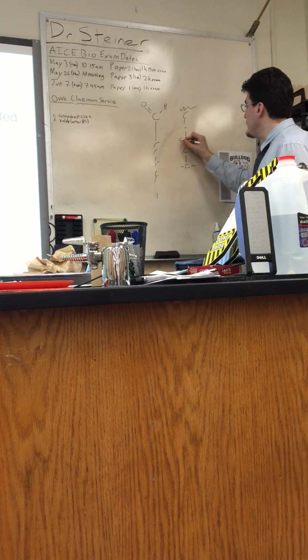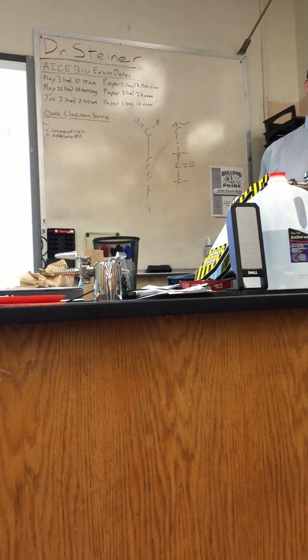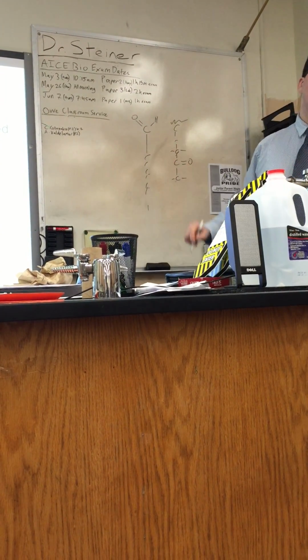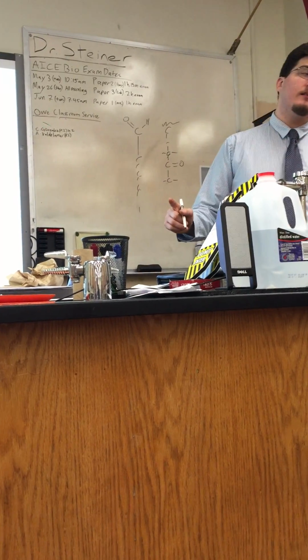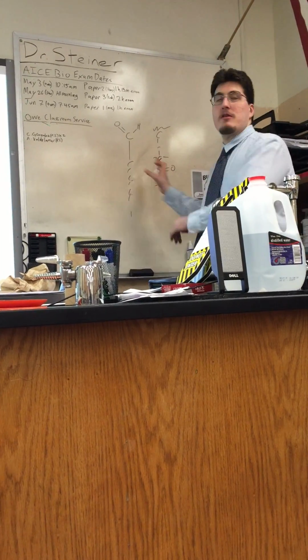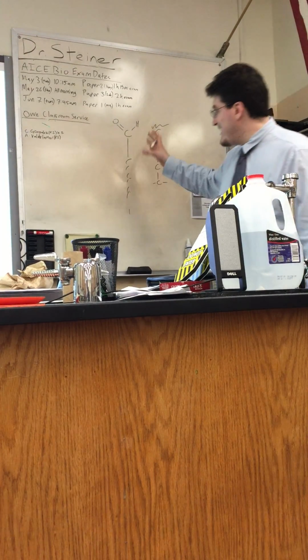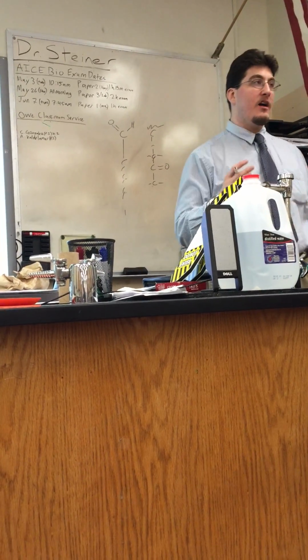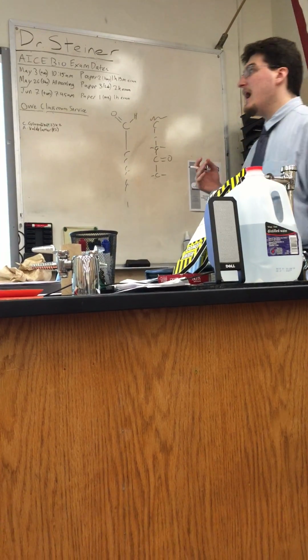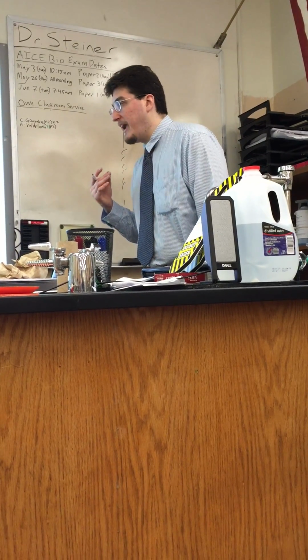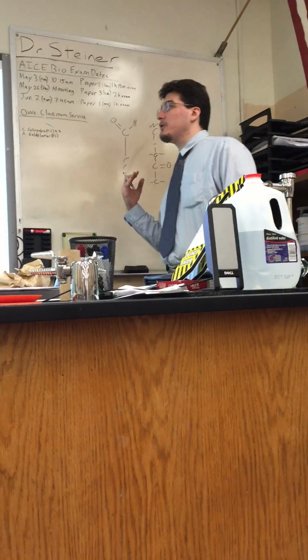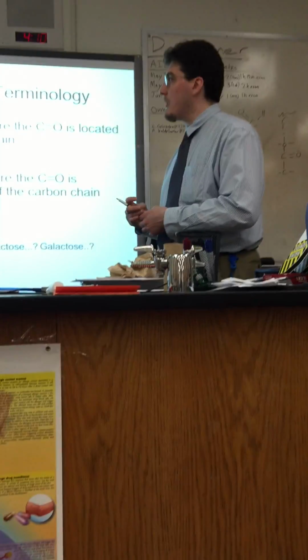Whatever else these carbons are attached to doesn't matter. If the carbon double bonded to the oxygen is in the interior of the chain, and its neighbors are both carbons, that is a ketone. If the carbon has only one carbon neighbor, and the other neighbor is a hydrogen or an oxygen, not a carbon, that is an aldose sugar or a reducing sugar.